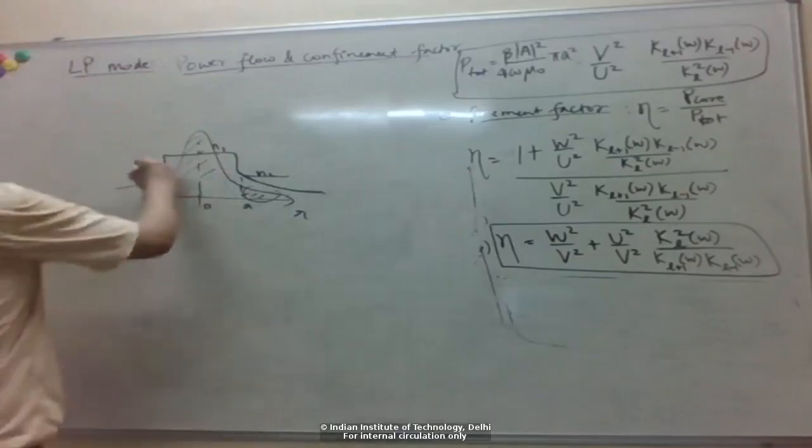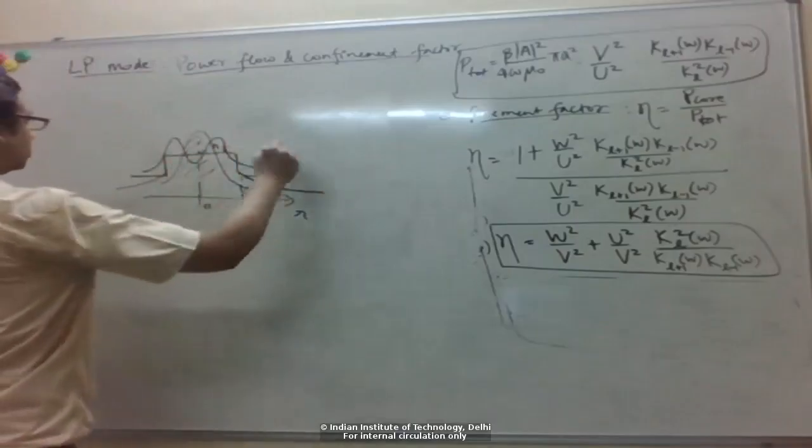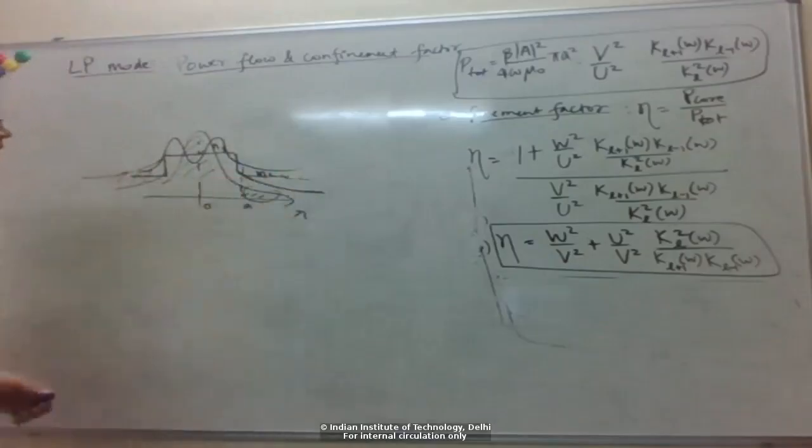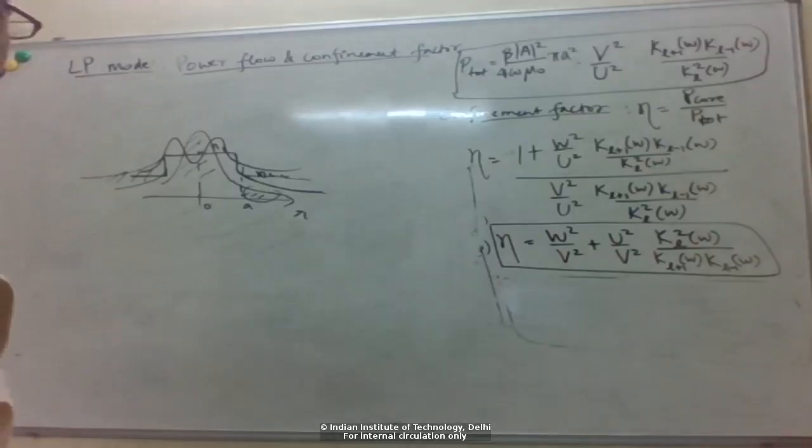But if you look at some higher order modes, which are less confined in the core, then the change will be a little bit larger. But usually, practically, that kind of fiber is, unless you have some special situations, not really.